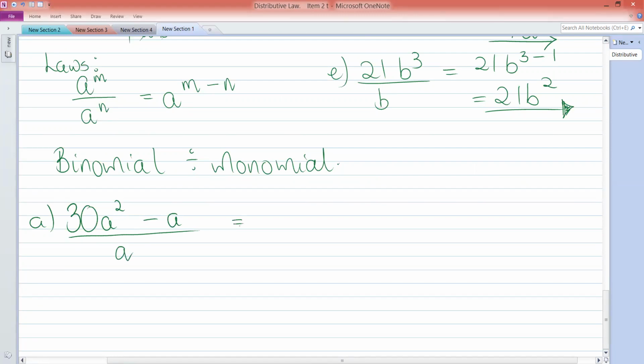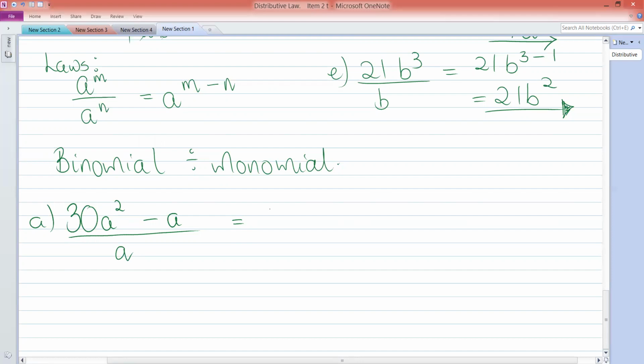There are two ways of doing this one. I'm not sure which way your teachers taught you. With this one, like I said, if they are like terms, as you can see here, there's an a squared there and then this a here. We want to split this question.